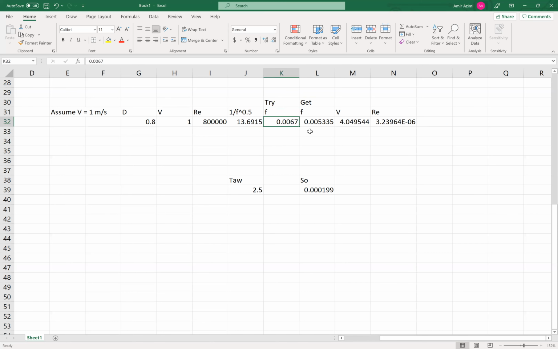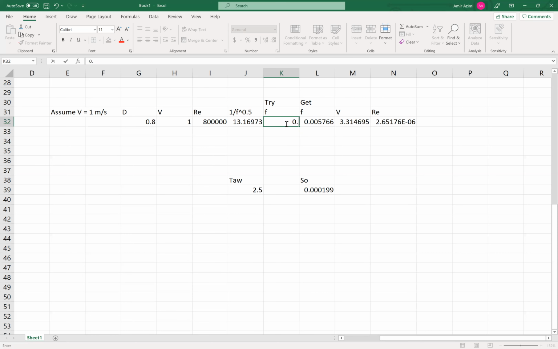Here you see that the value of the friction factor that I use as a trial is 0.006, which is in the typical range of the friction factor. So I start with 0.01, and then you will see that what I get from the equation is 0.0057.